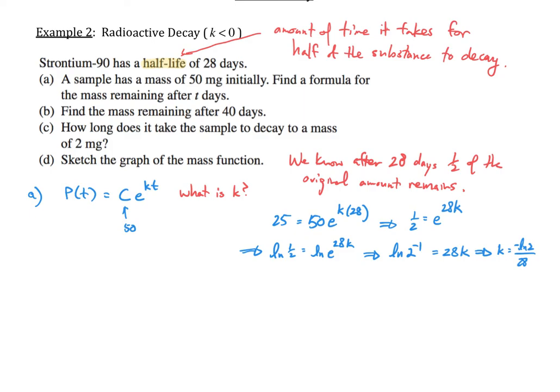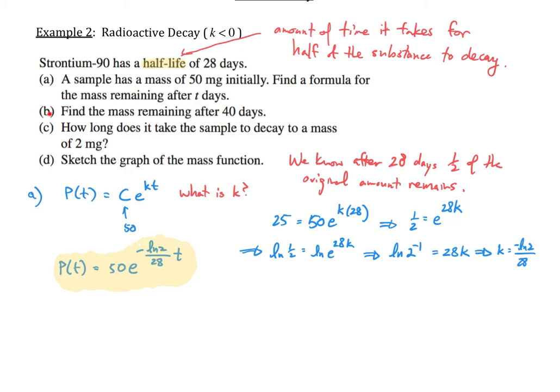So when we put all of this together, we end up with P of t is equal to 50 times e to the negative natural log of 2 over 28 times t. And let me highlight that. This is going to be our answer for part A.